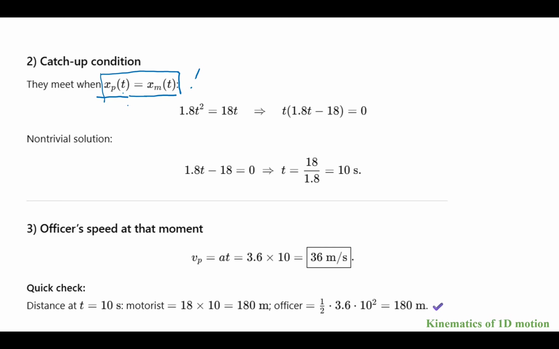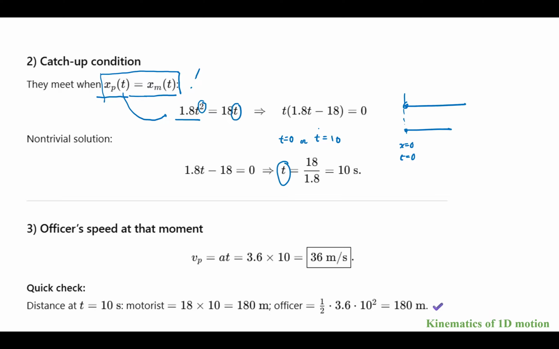Anyhow, the police officer will have a constant acceleration motion, such that it's quadratic, and for the motorist, it's a constant speed, so it's linear in t. If you set them equal, then you get this one. You see that t equal to 0 or t equal to 10. t equal to 0 means, of course, they were at the same position, x equal to 0, t equal to 0.